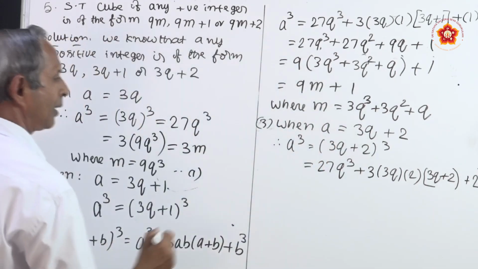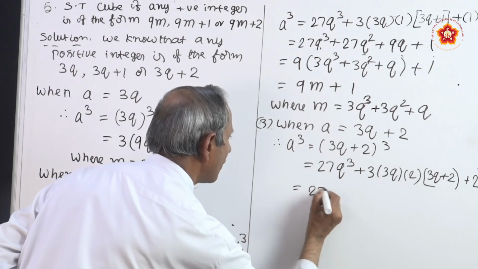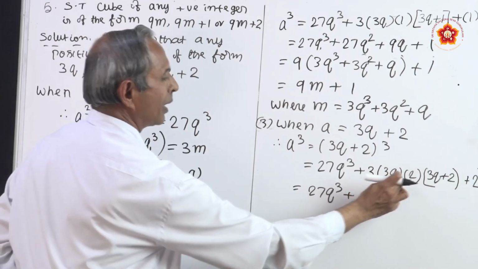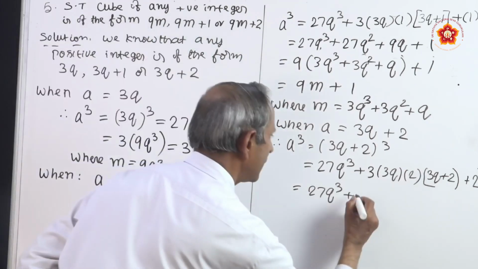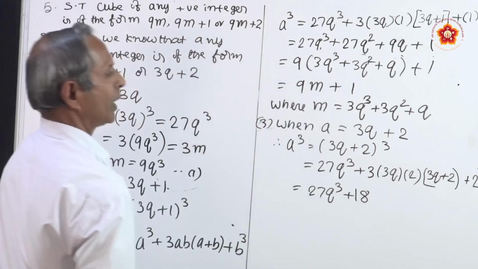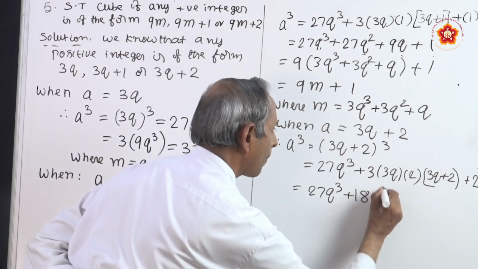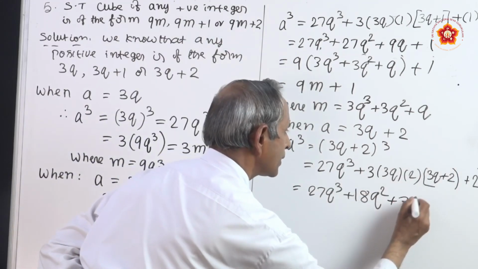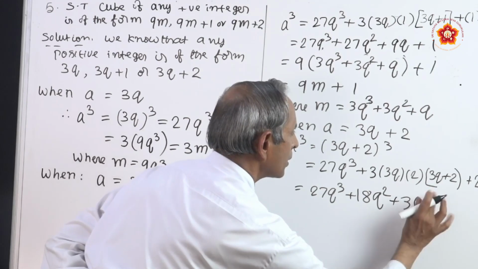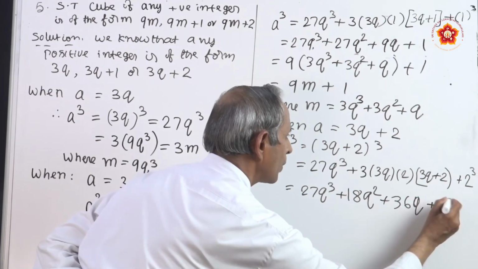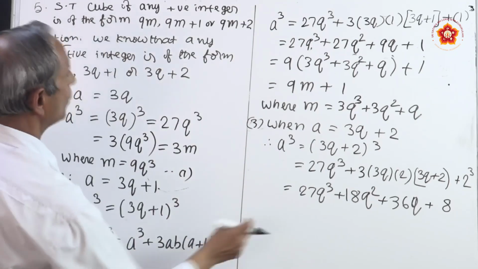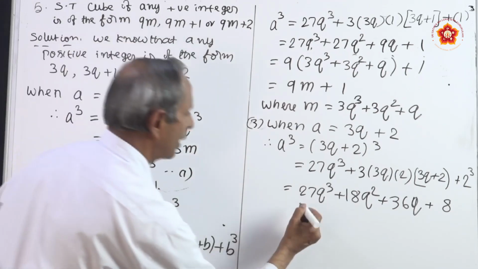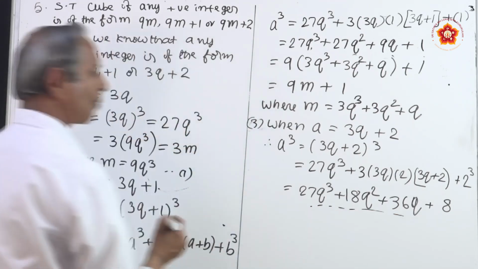Let us simplify now: 27q cube plus 3 threes are 9, 9 twos are 18, q square, plus 18 into 2, 36q, and the last term you will get 8. Here also you should get the form 9m plus 8, therefore remove 9 as the common factor among these three terms.